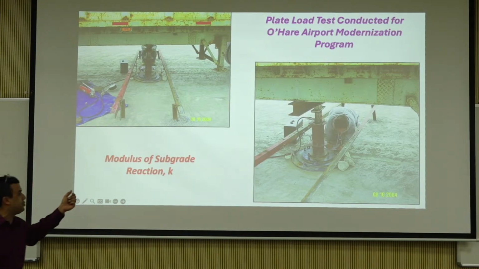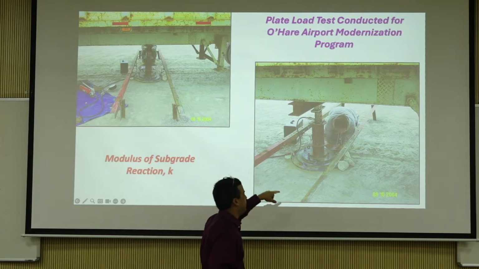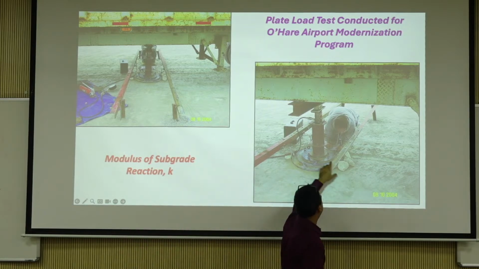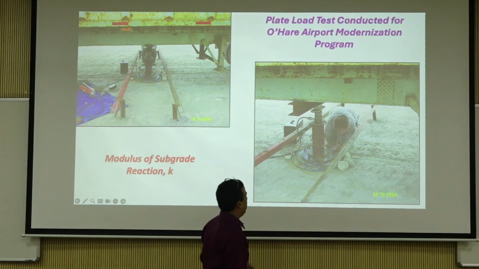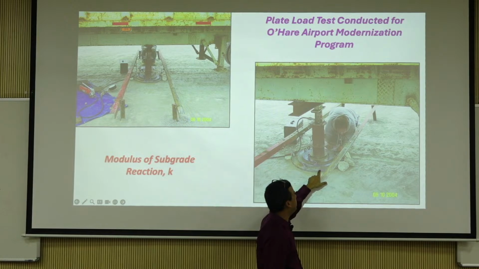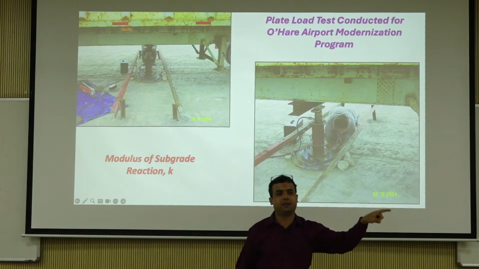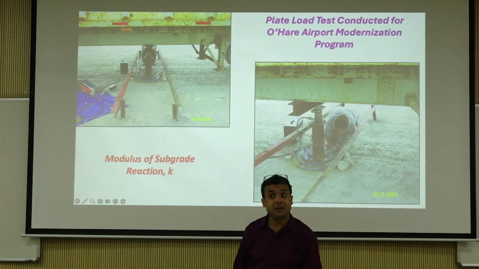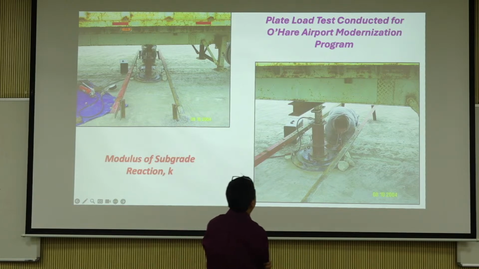When I was a grad student, the Chicago O'Hare Airport was undergoing the modernization program back in 2004, and they were doing these kind of testing. Those of you who are familiar with plate loading testing, what's the purpose of the stacking of the plates? Any idea? Towards stress concentration, but it's a plate.